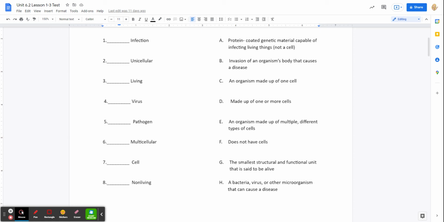F, does not have cells. G, the smallest structural and functional unit that is said to be alive. So the smallest living thing.